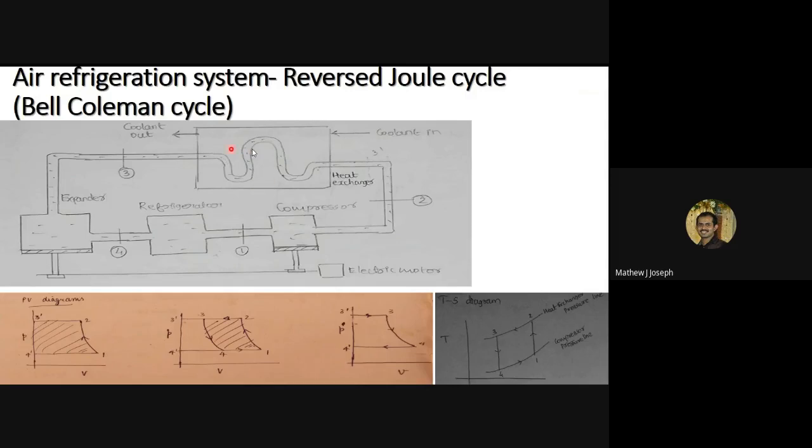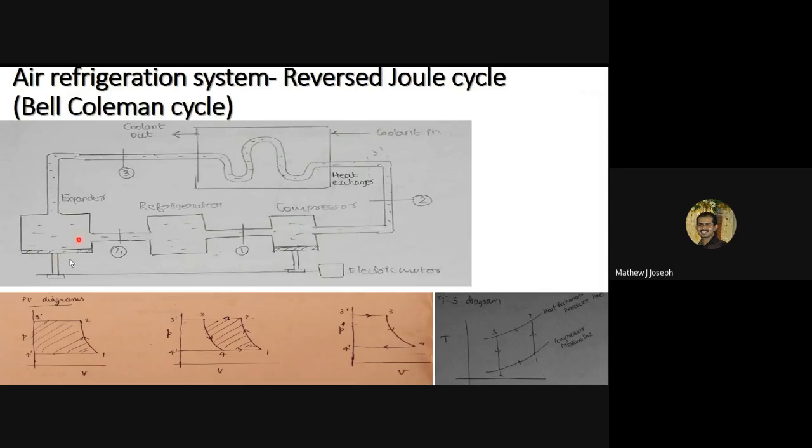So after rejecting that extra energy or heat to the coolant medium, the air or the working fluid will be coming out of the heat exchanger. It will be admitted inside the expander cylinder. Actually, the expander cylinder also is assumed here as a piston cylinder arrangement for representation purpose only.